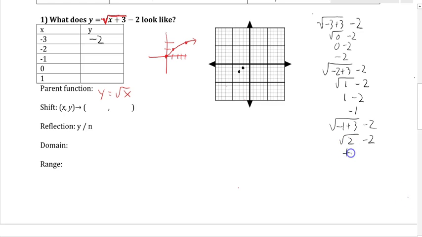So we get a terrible decimal. Where are we going to put that terrible decimal on our picture? I'm not. Why would I try to put the square root of 2 minus 2, some terrible decimal, onto my graph? I want to be graphing good points, not bad points.